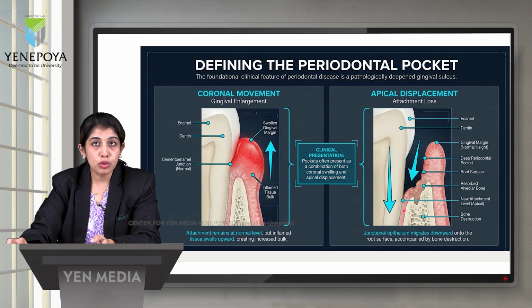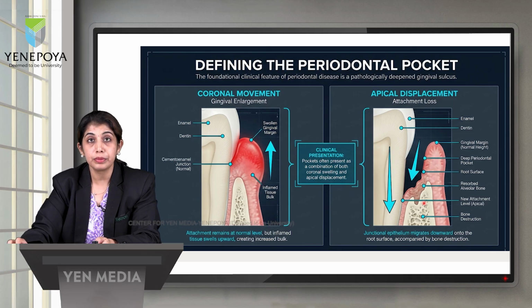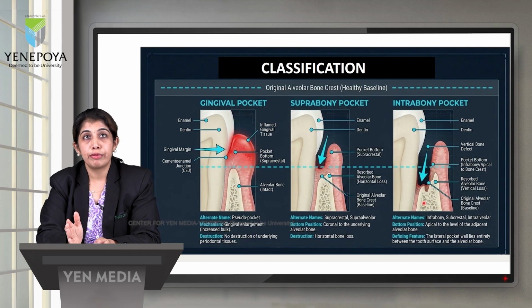Once that moves apically, your biofilm or the plaque or the microorganisms start forming subgingival plaque and calculus, leading to connective tissue loss and bone loss. So your junctional epithelium is migrating down the root surface and it is accompanied by bone loss. So in these two cases, there is a pathologic deepening of the gingival sulcus, either because of coronal displacement or apical displacement. So how do you classify pocket?